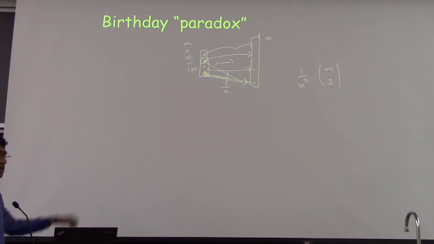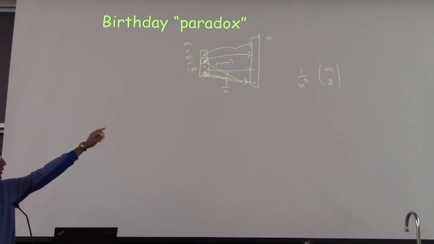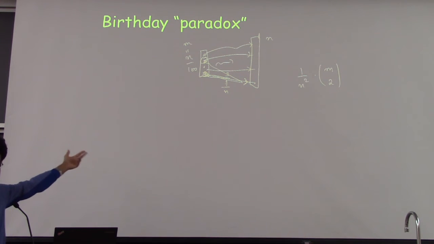This is the likelihood that one bin gets 2 balls. Now if m is n over 100, this is still (n over 100) squared by 2n squared, so m squared by 2n squared.